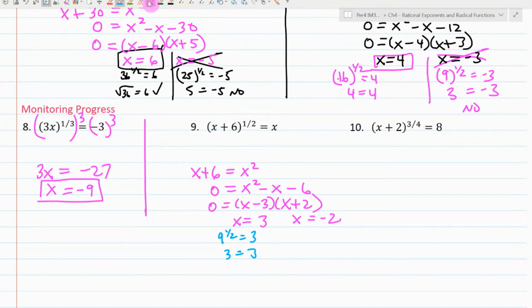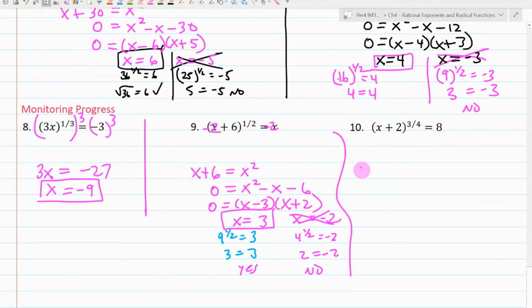And if I plug in a -2 here, then I would get 4 to the 1/2 equals -2. So this is yes, this is no. And that's it for that one.